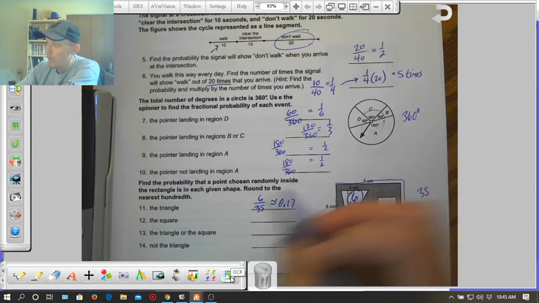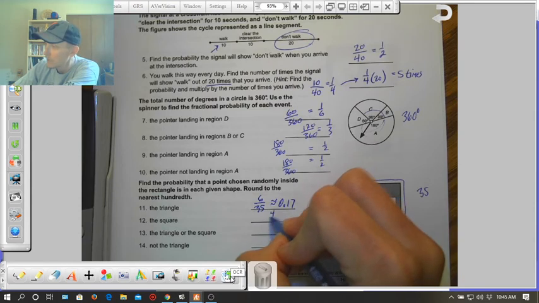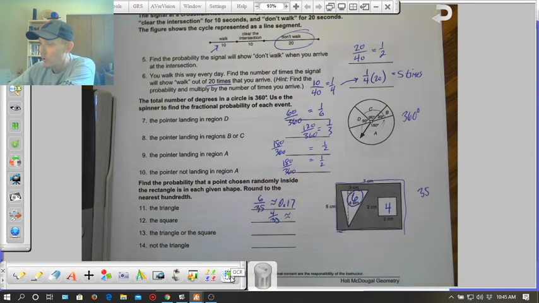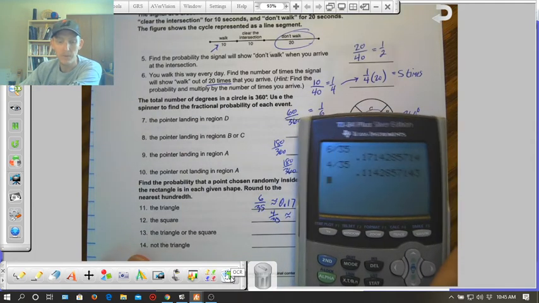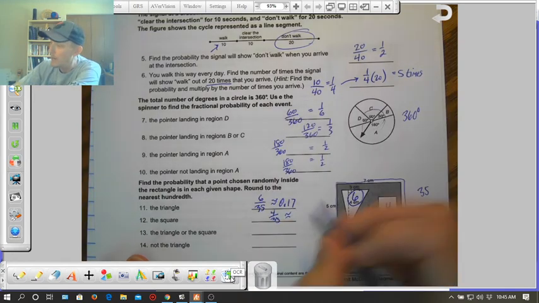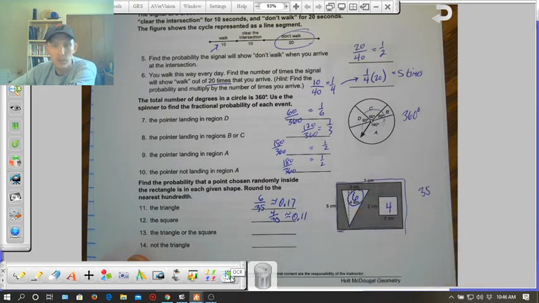The probability that it lands in the square is 4 over 35 total. And 4 over 35 is going to be 0.11, so I have a probability of 4/35, or approximately 0.11.